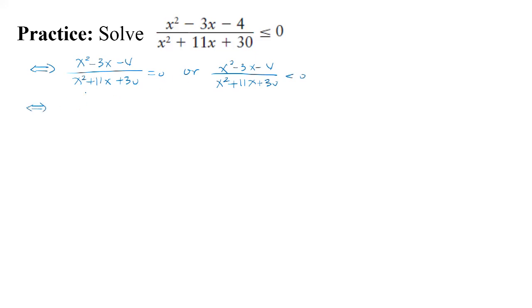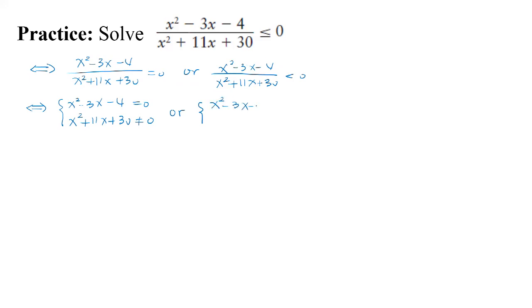And for the equation here, if we have a ratio that is 0, that means the numerator is 0 and the denominator is not 0, right? And for this inequality, if you have a ratio that is less than 0, that means the signs in front of the two expressions are different, right?